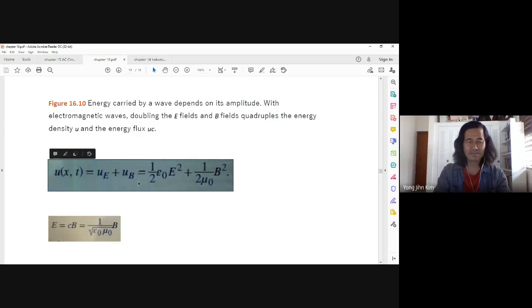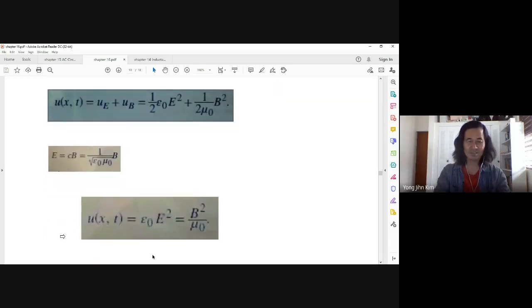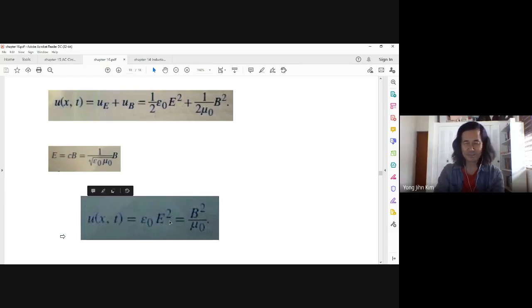Magnetic energy density is 1 over 2 mu 0 B square. And the electric field and magnetic field are related by this equation. Then we see that this term and this term are the same. So total energy density of electromagnetic wave is epsilon 0 E square or B square over mu 0.